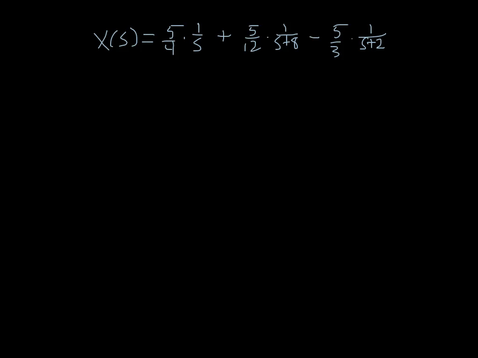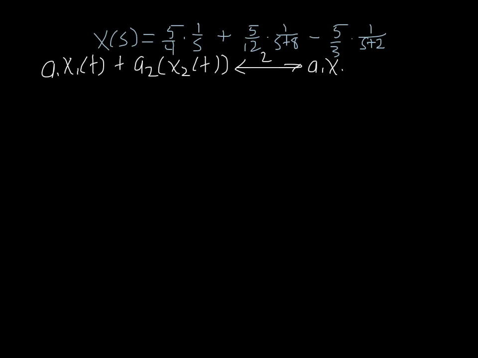We'll do that by taking advantage of the linearity property of the Laplace transform, which says that if you have some constant a1 times a function x1 of t plus another constant times a function x2 of t, and you take its Laplace transform, then you'll get that constant times X1 of s plus your second constant times X2 of s. This is good for any number of terms, which here we have 3.